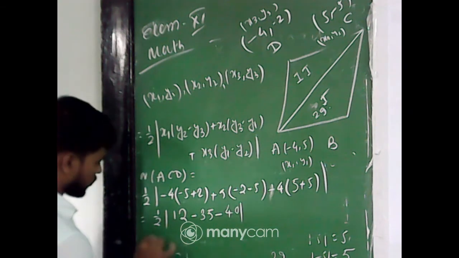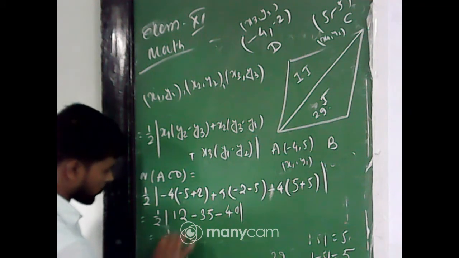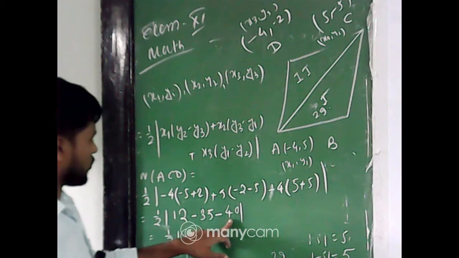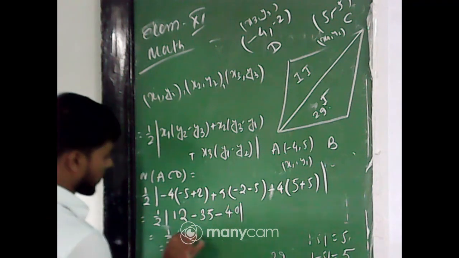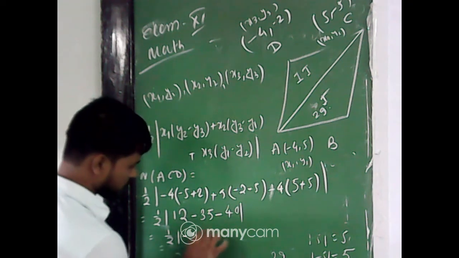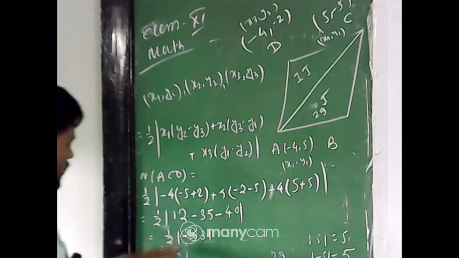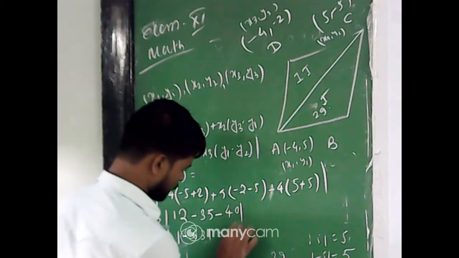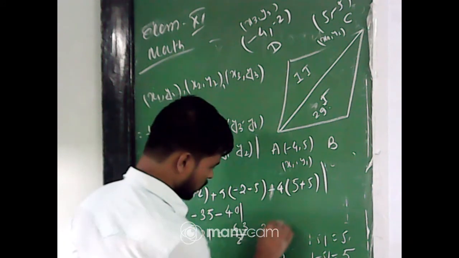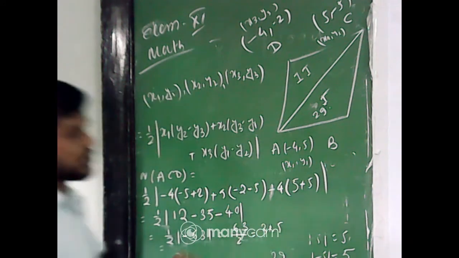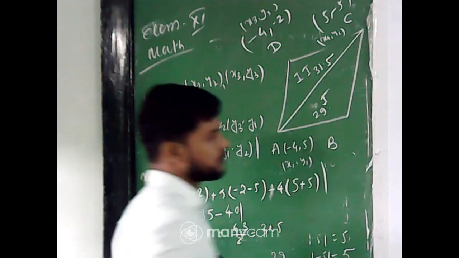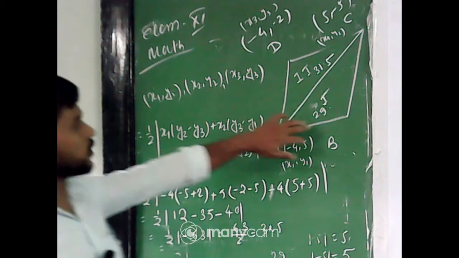Now this is equal to half mod of 12 minus 75, that is equal to minus 63. So 63 by 2, that is 31.5 square units. So area of this triangle is equal to 31.5 square units. Clear?